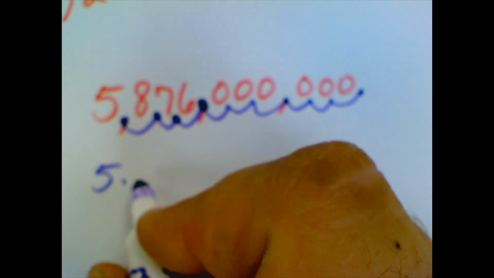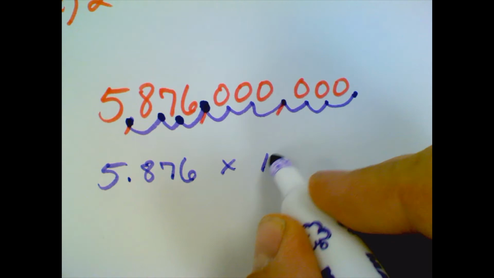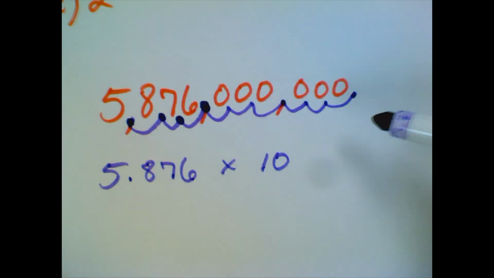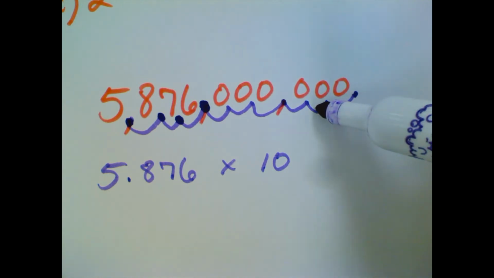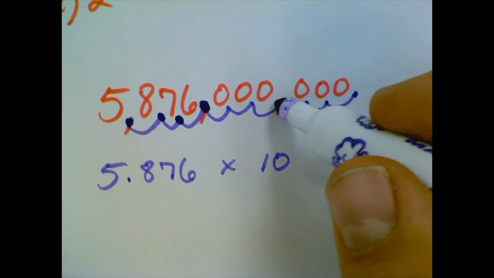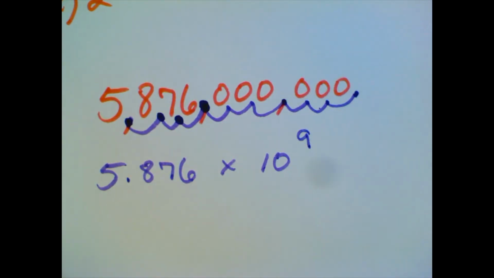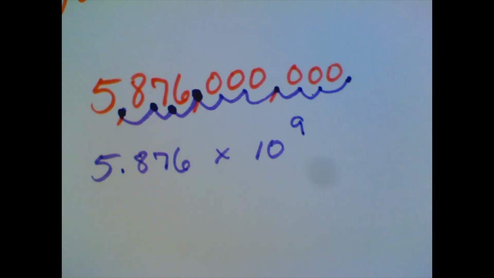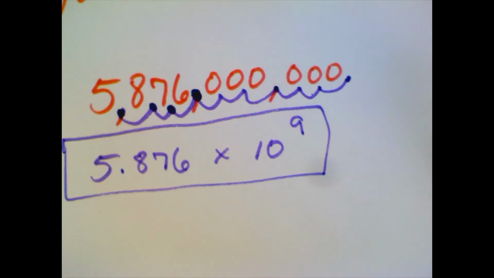So you write 5.876 times 10. And the rule is if you have to move it left, your exponent will be positive. So let's see how many places we moved. 1, 2, 3, 4, 5, 6, 7, 8, 9. So that would be 5.876 times 10 to the 9th power. Okay?